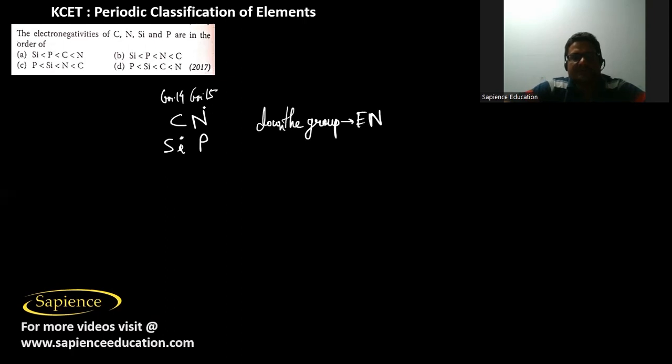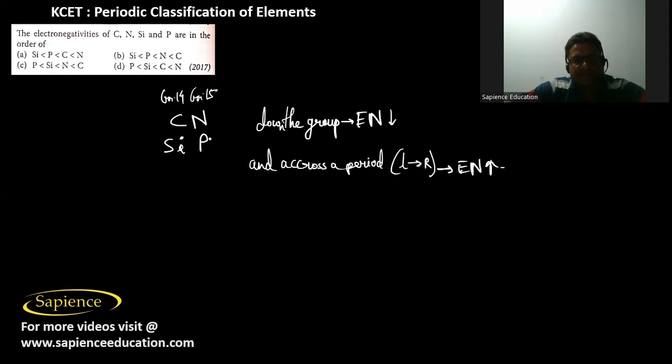Then the electronegativities of carbon, nitrogen, silicon, and phosphorus are in the order. So silicon is in the carbon family in group number 14, and phosphorus is in the nitrogen family in group number 15. As we know, down the group the electronegativity decreases, and across a period from left to right, the electronegativity increases.